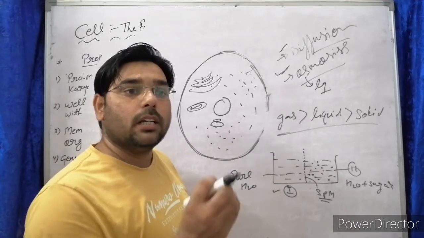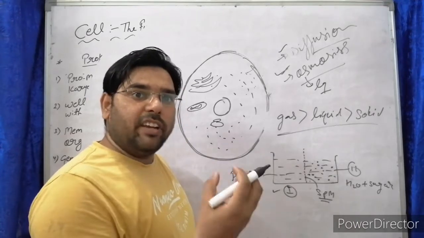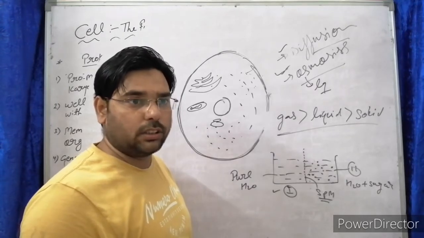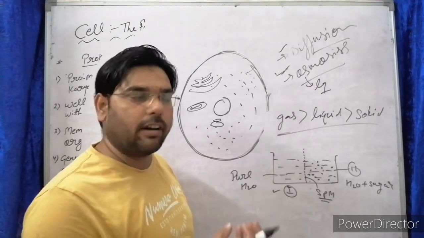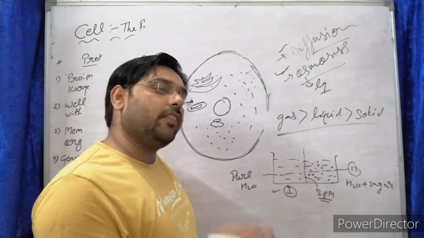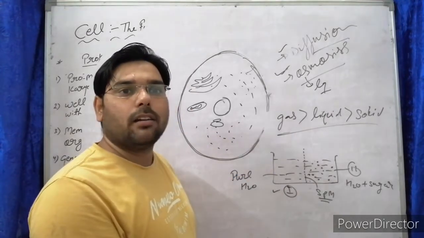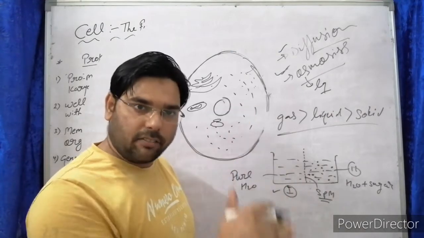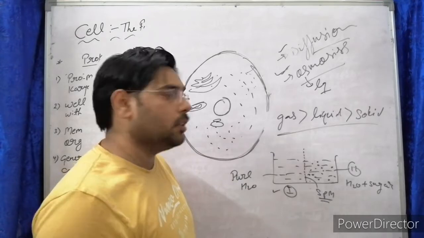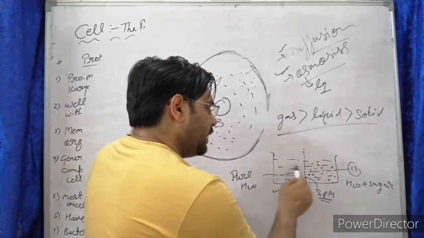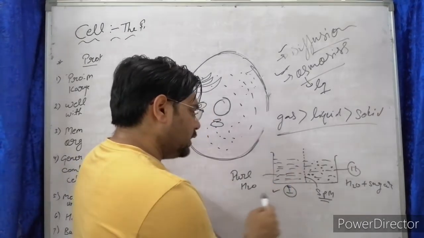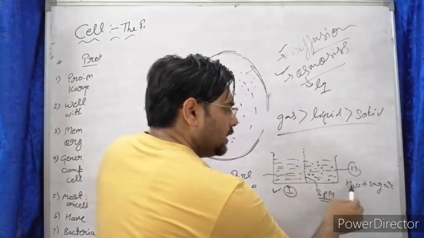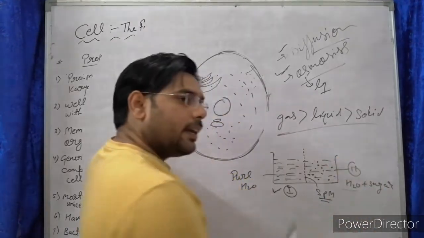Dilute means that by adding water we can decrease the concentration of the substance, and that is called dilution. Suppose I have taken 1 liter of pure milk, then I added 1 liter of water into it, so it becomes diluted. Now its concentration will decrease. So the concentration of water is more on the left hand side and less on the right hand side.